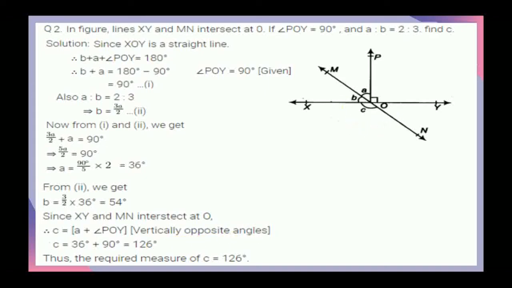This angle is equal to this vertically opposite angle. Now c is equal to 36 plus 90 degrees, which is equal to 126 degrees. Thus the required measure of angle c is equal to 126 degrees.